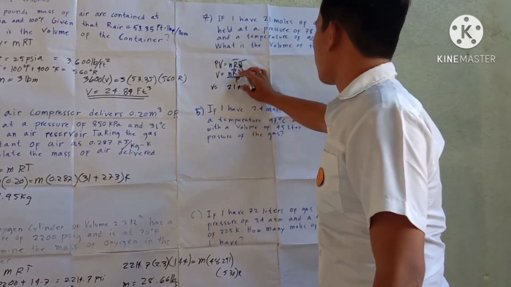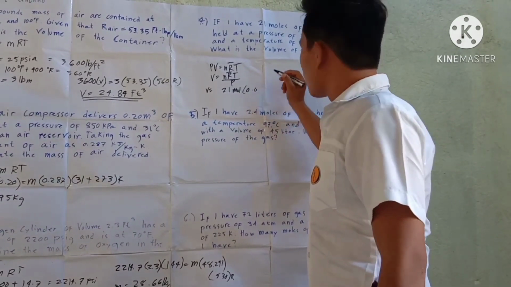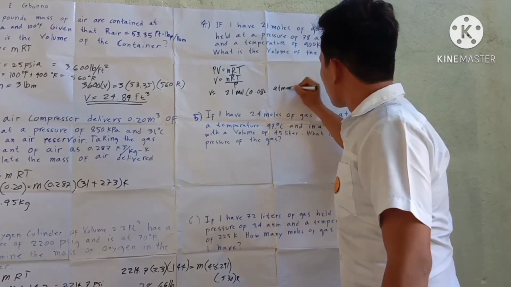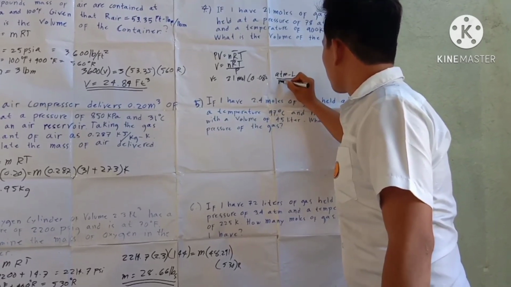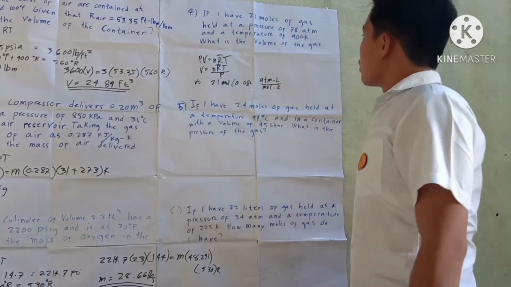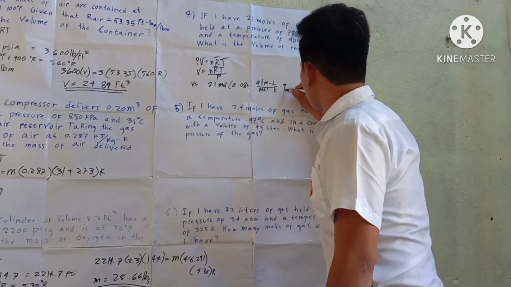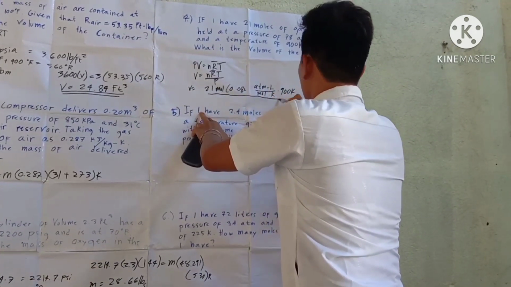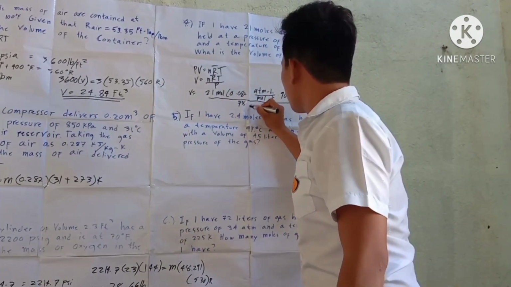Then the universal gas constant is 0.082 atm liters over mole Kelvin. Then the temperature times 900 Kelvin over the pressure, which is 78 atm.